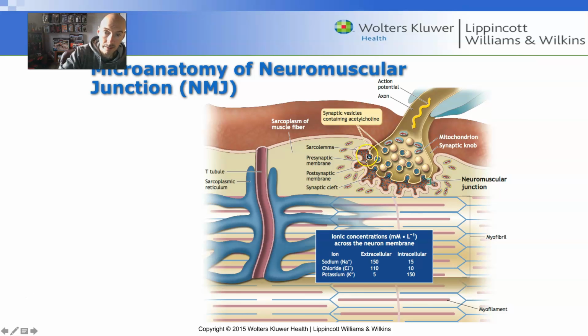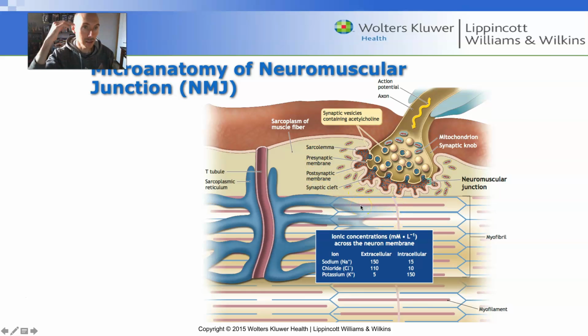So to make a long story short, the electrical impulse travels down the nerve, the motor neuron. Acetylcholine is released, which binds to the muscle fiber. That generates an electrical impulse that ultimately stimulates the release of calcium from the sarcoplasmic reticulum. The calcium then binds to the troponin. Troponin moves tropomyosin out of the way, allowing actin and myosin to bind.